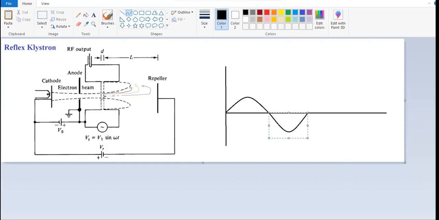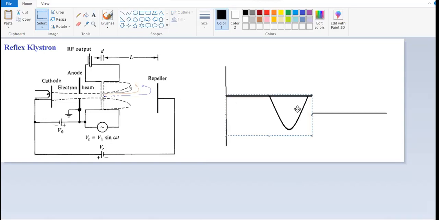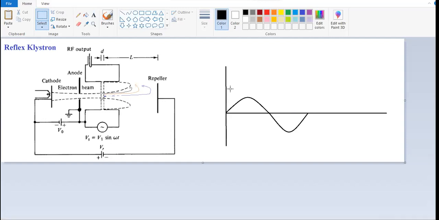I'll just draw this Applegate diagram this way.